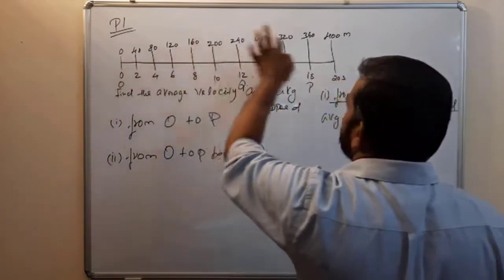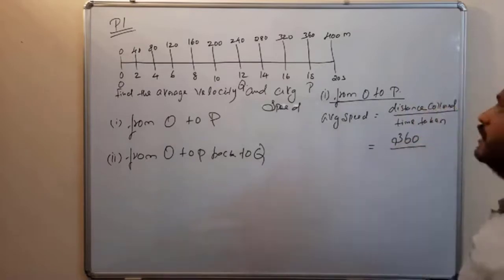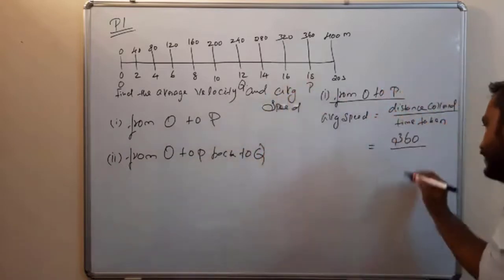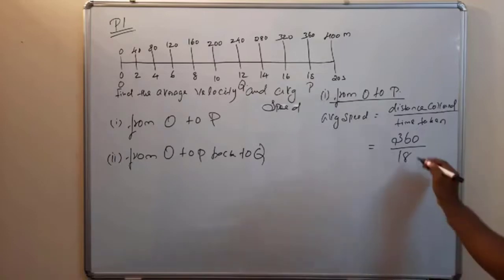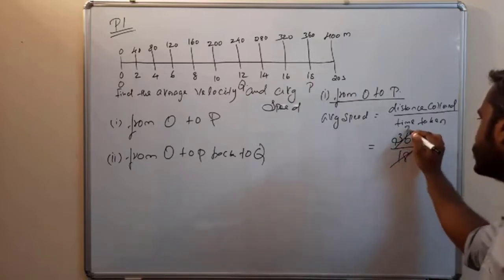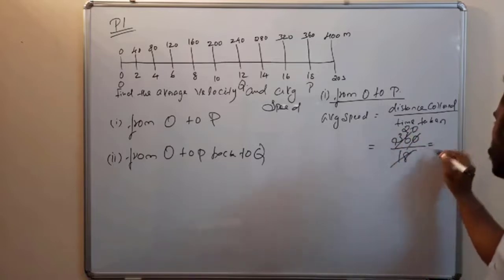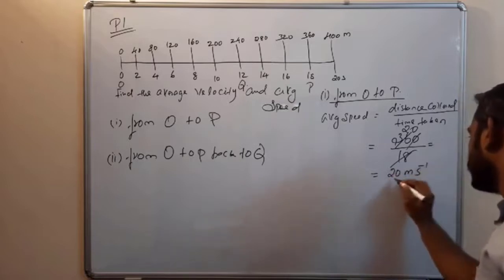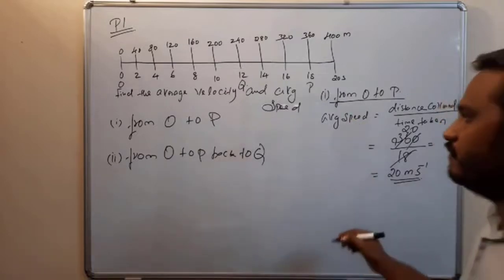From 0 meter to 360 meter. So the distance covered is 360 by time taken. From the diagram it is clear, that is 18 seconds. So cut it, 18 twenty is 360, so that's equal to 20 meter per second. Okay. So next, average velocity.